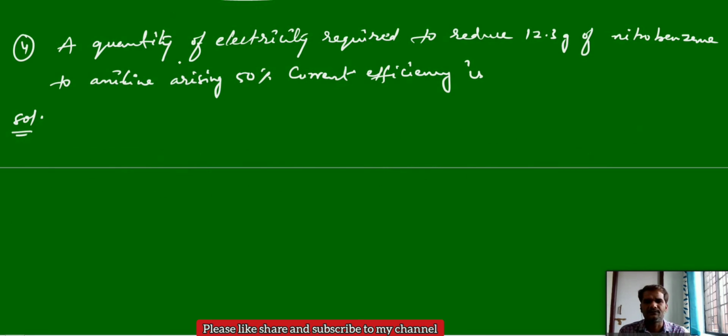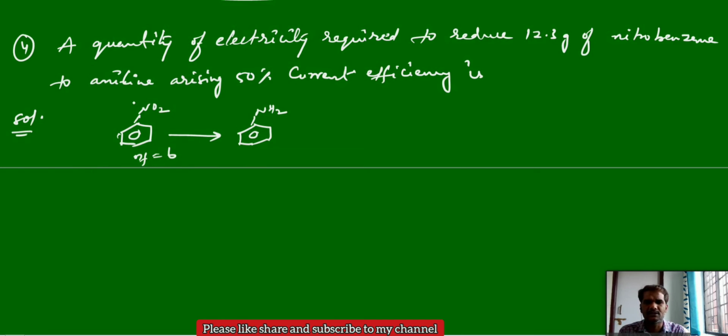You can see the solution for this. Converting nitrobenzene to aniline, now, the number of electrons involved in this reaction. What is the N factor of nitrobenzene? This we have discussed in 11th at the time of N factor calculations.